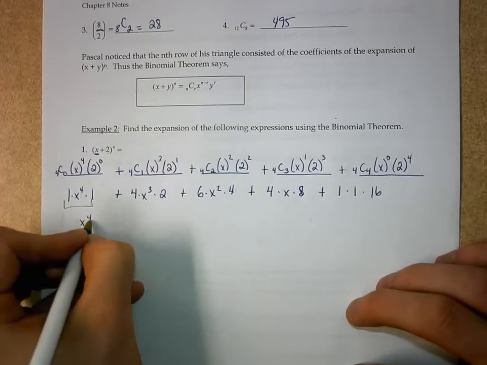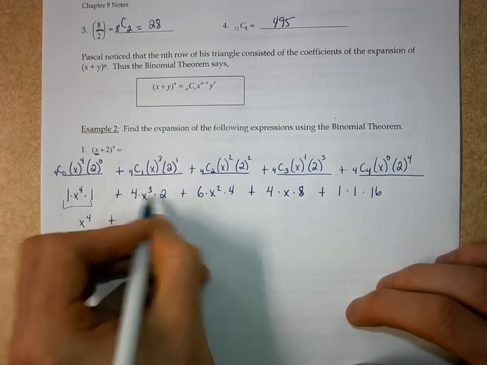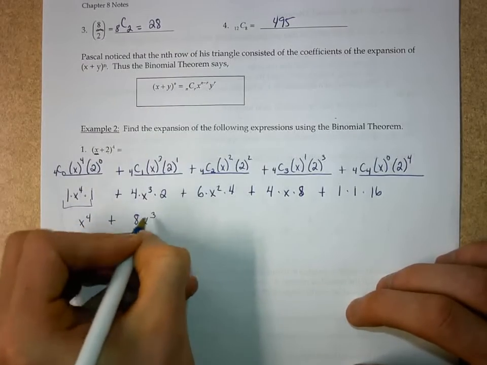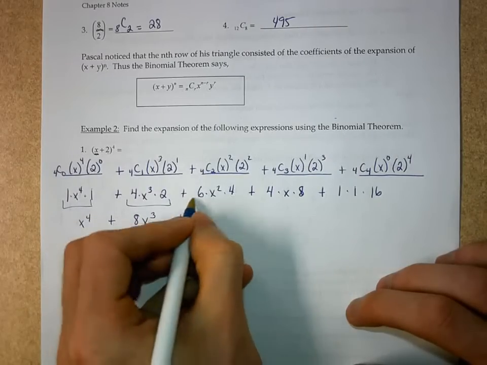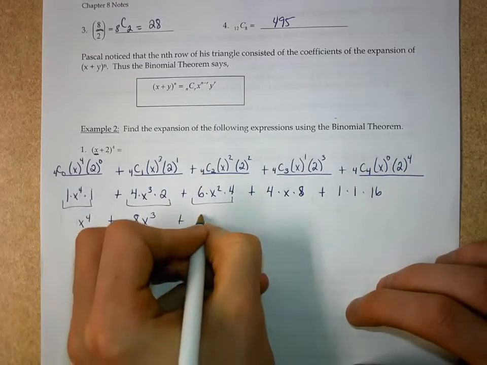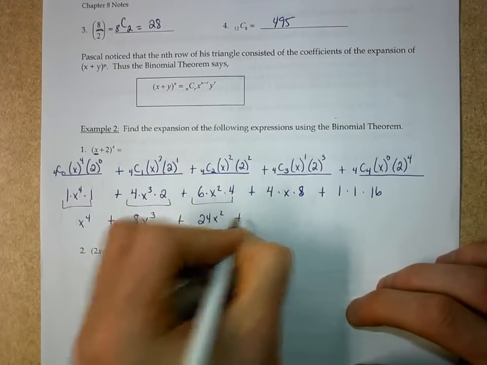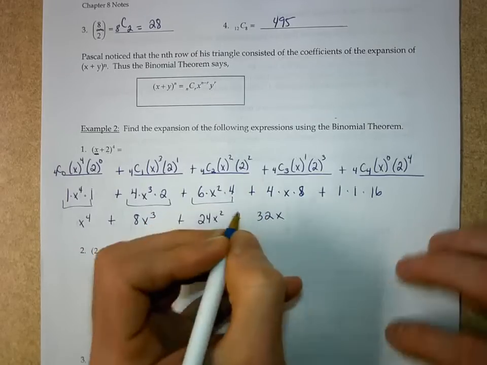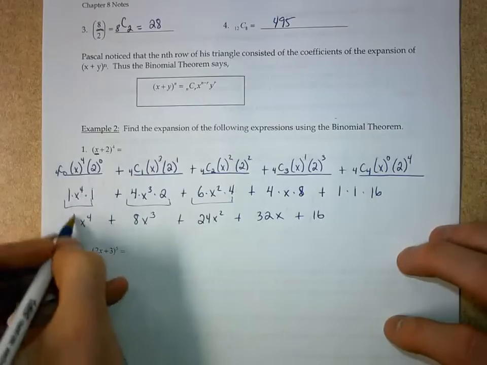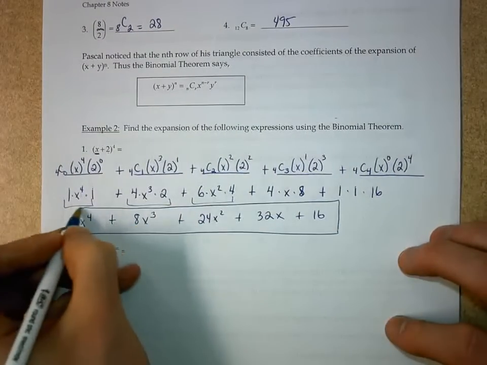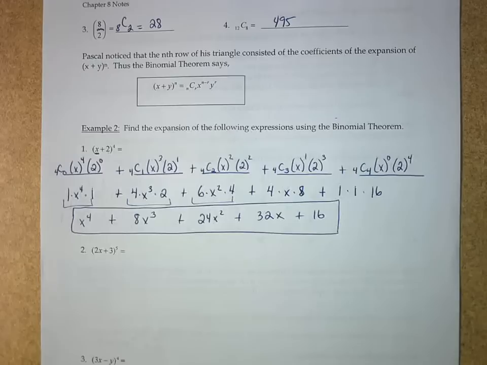This guy here becomes x to the fourth when we simplify. Here, 4 times 2 is 8, x cubed, we got that group. Here then, 6 times 4 is 24, x squared. 32x, and then finally 16. So there's my full expansion.